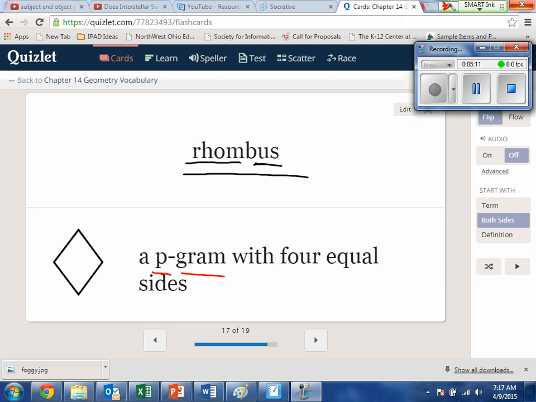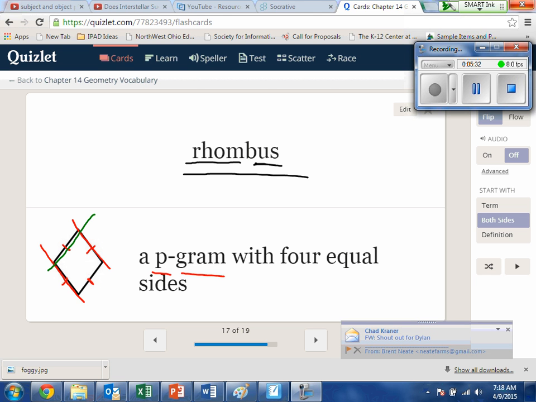This is a parallelogram with 4 equal sides, meaning that this side is equal to this side, and that's equal to this side, and equal to this side. All 4 sides are equal, okay? Also remember, what makes it a parallelogram is that this side and this side are parallel with each other, and this side and this side are parallel with each other.